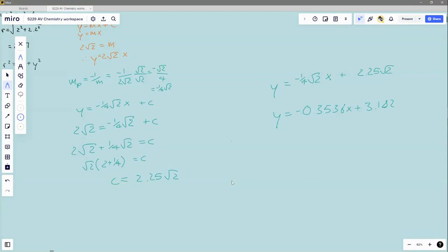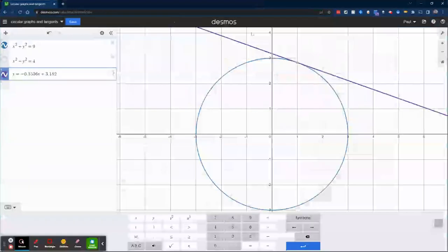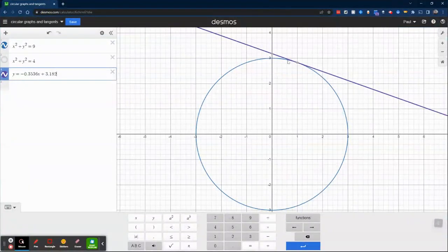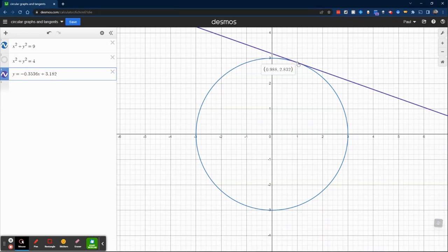Now if you tap that into your calculator and look at it in terms of the decimal, rounding to 4 significant figures, you get that, and 2.25 times root 2 to 4 significant figures is that. So when we put that onto our graph, as you can see, it is a tangent at, well, not quite at 1, obviously, because I've rounded. If I keep rounding more precisely, then the coordinates will be closer and closer to 1 there.